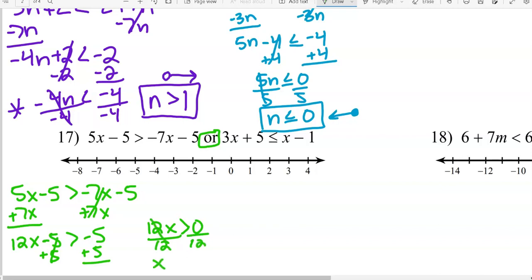Does my sign flip? No, we divided by positive 12, so we're fine. Is 0 going to get a closed or open dot? Open, and we're going to go to the right. So open and this way.